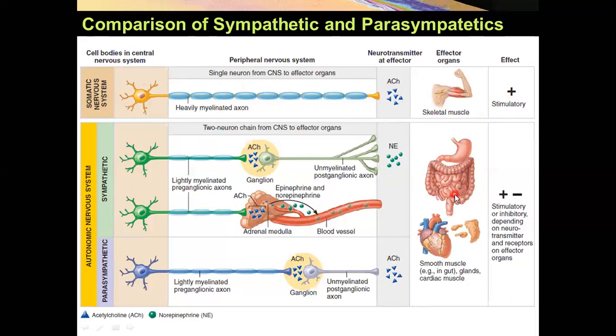So any structure that contains smooth muscles is innervated by the autonomic nervous system. And these are the internal organs, glands, and the vessels. So when the autonomic nervous system is activated, its effect is either stimulatory or inhibitory, depending on the neurotransmitter and receptors on effector organs.